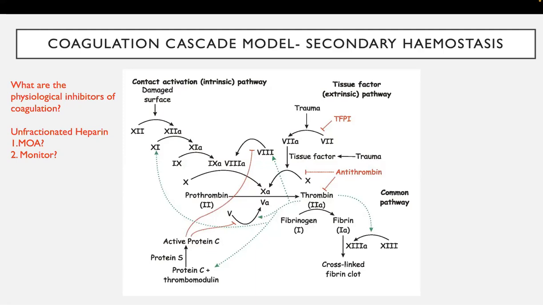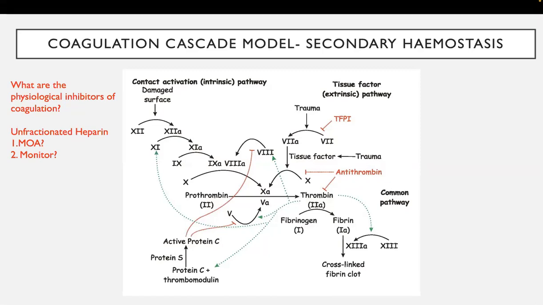What test can we use to monitor unfractionated heparin? Is it the aPTT? Yeah, we can use aPTT. What else? We can use activated clotting time as well as INR.